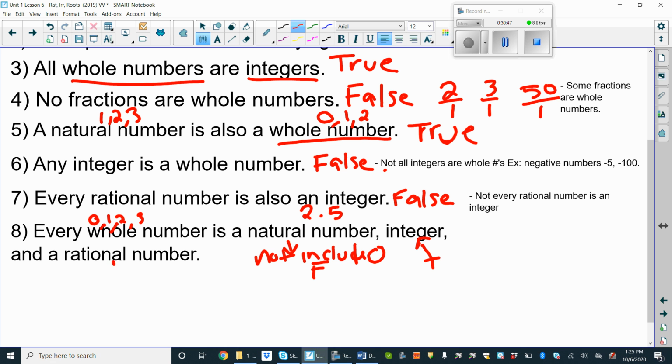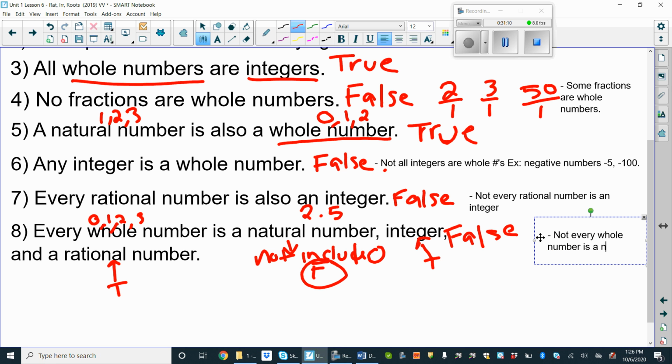And we know it's also rational is true. But the minute you do have this one false part, the whole statement is going to be false. Okay? So your statement is just going to be not every whole number is a natural number, integer, and rational number.